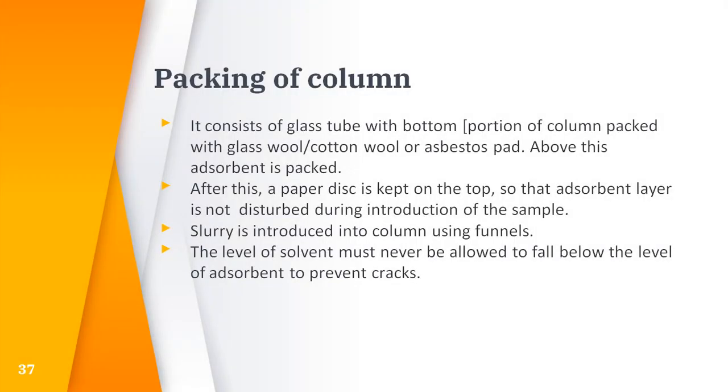Let us now see about the packing of the column. As we have seen, the column consists of a glass tube whose bottom portion is packed with glass wool, cotton wool or asbestos pad, and above this the adsorbent is packed. After this, a paper disc is kept on the top so that the adsorbent layer is not disturbed during the introduction of the sample. Slurry should be introduced into the column using funnels.